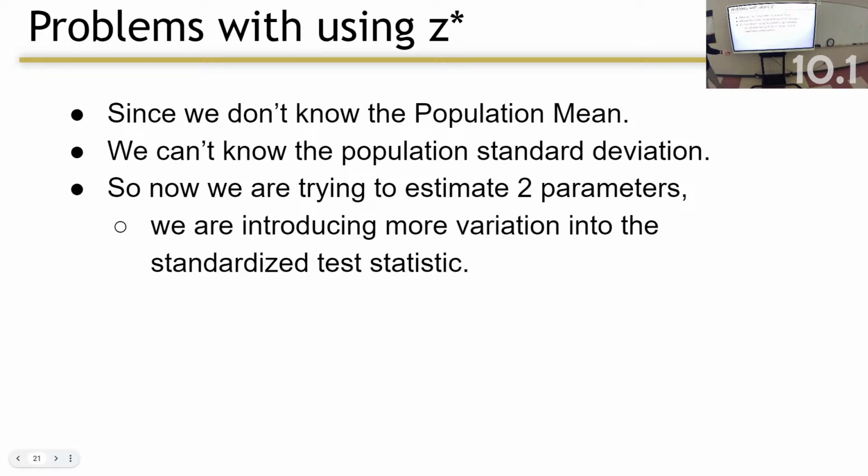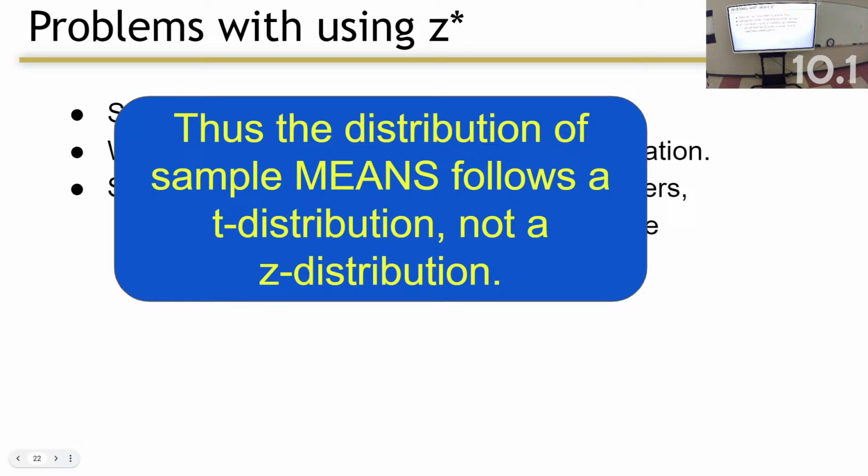We're introducing more variation to the standardized test statistic, which is normally Z, okay? Thus, anytime we are dealing with means, we change from a Z distribution to a T distribution. We change from Z's to T's. So now you need to know anytime we're dealing with means, we are dealing with T's.